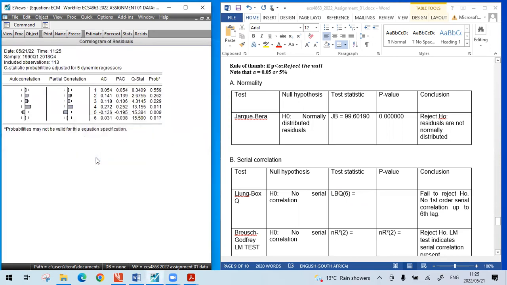We click OK. If you look here, I have how many lags? 1, 2, 3, 4, 5, 6. Are you seeing that, guys? Yes, 1 up to 6.